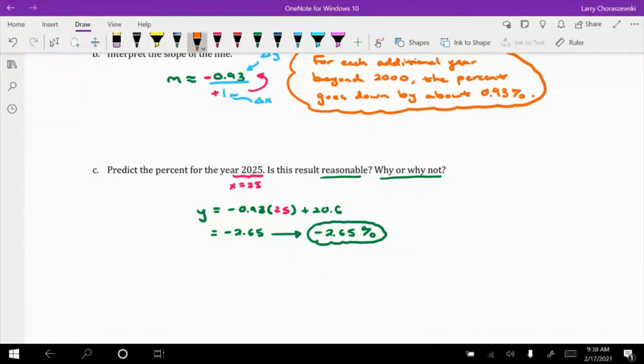I would say something to the effect that you can't have a negative percent of students reporting. The y values are based on the percent of 12th graders reporting. So I would say not reasonable, first of all.